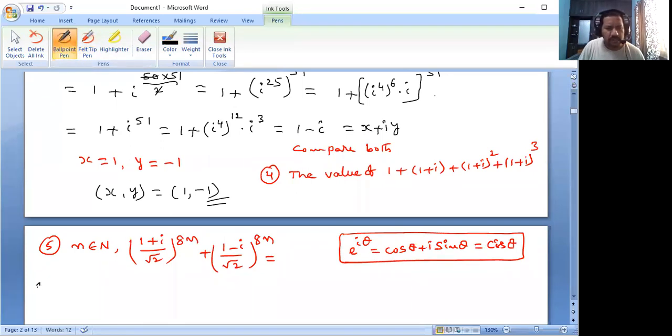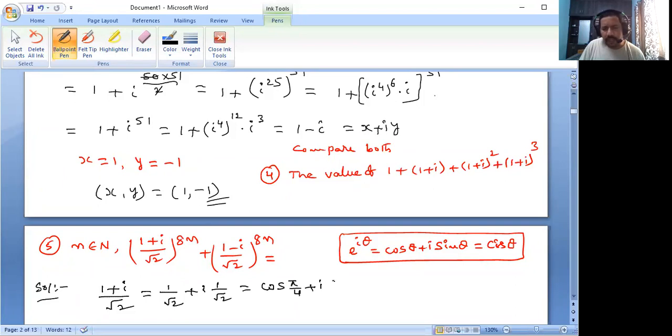Now I am going to take 1 plus i by root 2, that is 1 by root 2 plus i into 1 by root 2. 1 by root 2 means in terms of cos 45 degrees, cos pi by 4 plus i sin pi by 4.